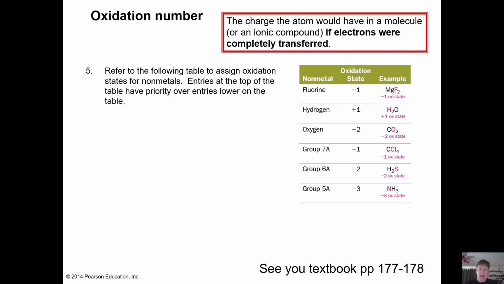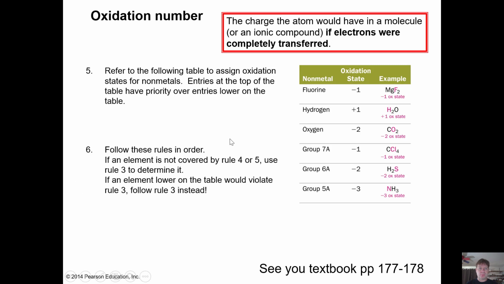So the halogens, the rest of 6A, and then 5A. Most of the time, it would just be one of those top 3 that's changing anything that is below it on that list. Some of the ones that are lower on the list could change things that we're not showing on the list at all. And then the final one is basically just telling us how to make sense of these.